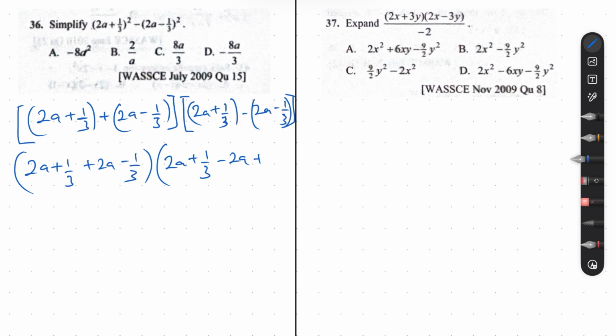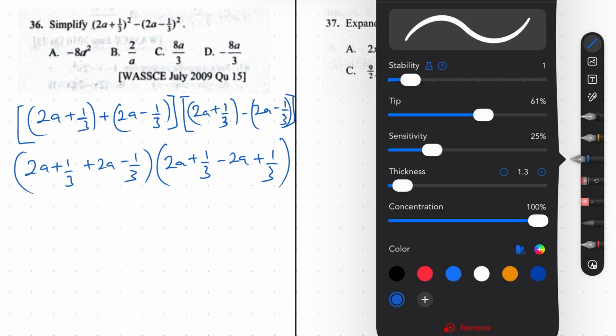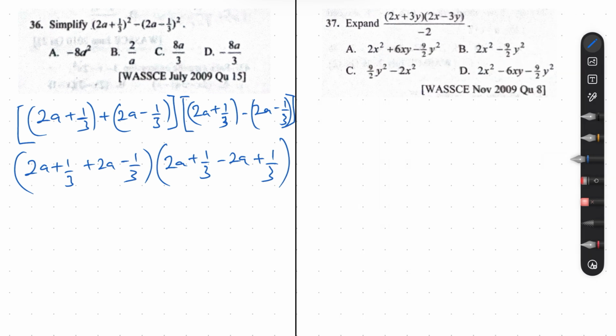Plus 1 over 3. Okay, so now let's simplify. Here we have 4a, and then 1 over 3 minus 1 over 3 is what? It cancels out. Positive and negative, so they are gone.